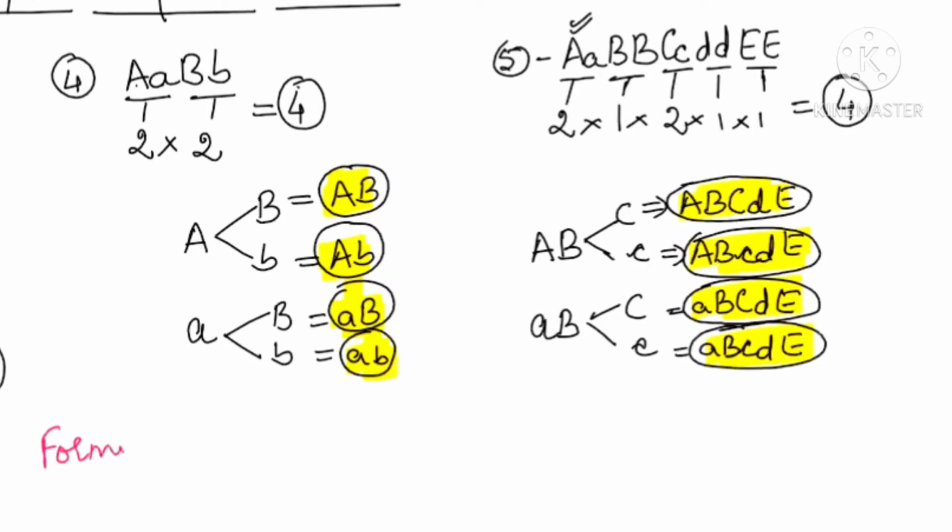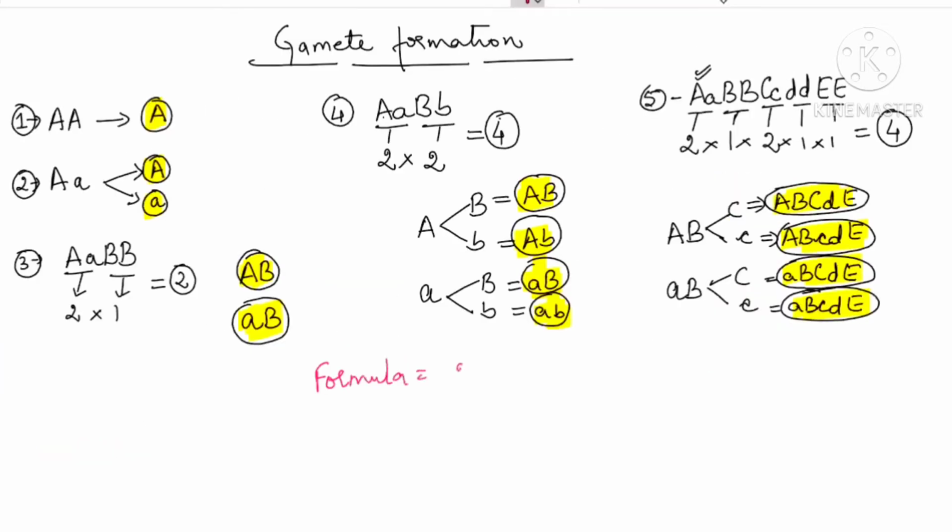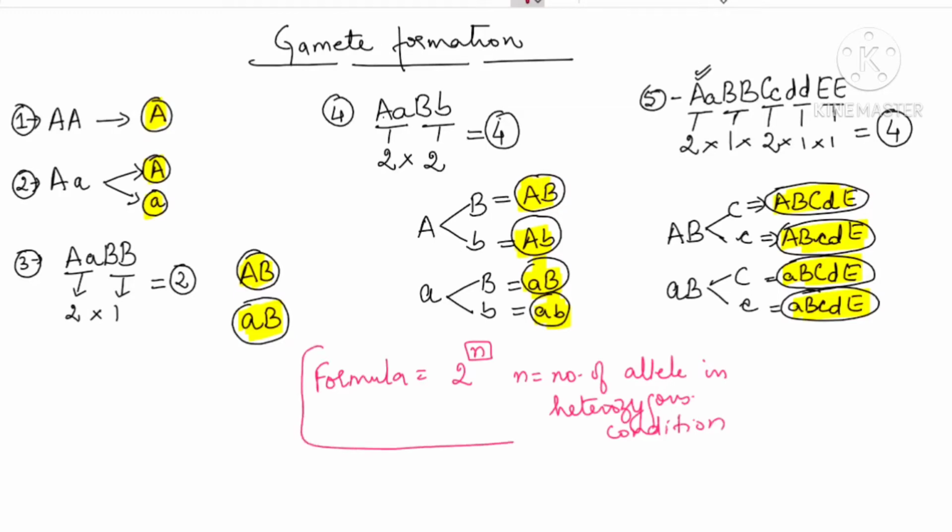We can say gamete formation is 2 raised to power n, where n means the number of alleles in heterozygous condition. We have to see only that, and then we will just substitute the values and we will get the answer. Is it clear? I hope this is helping you to understand.